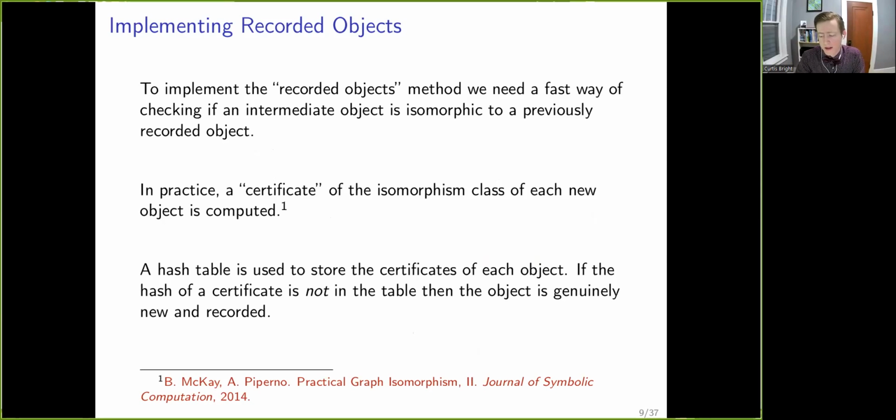Okay, so how would you implement recorded objects in practice? The main thing that you would need to do is a lookup up to isomorphism. So you have to record the object you've seen, but you have to record its isomorphism class. I won't get into the details of how this is done in practice, but this is a well-known problem. For example, the standard reference here is in the Journal of Symbolic Computation from 2014.